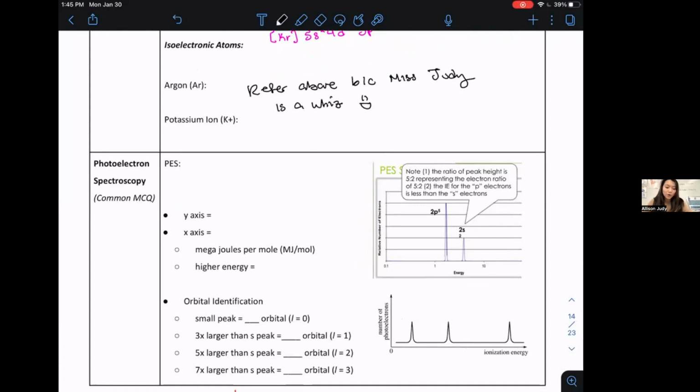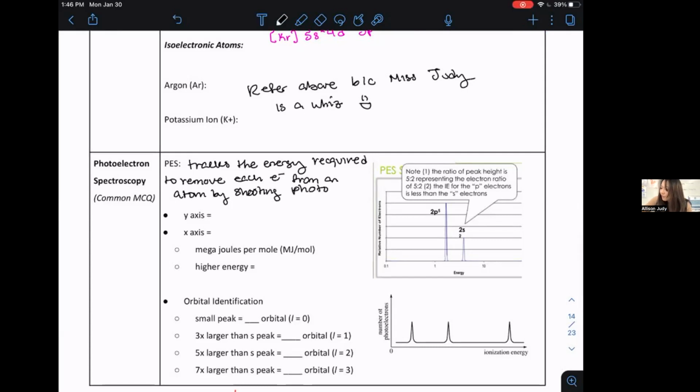And what PES, photoelectron spectroscopy, does is it tracks the energy required to remove each electron from an atom by shooting photons. Now we know our photons are particles of energy with discrete amounts of energy.